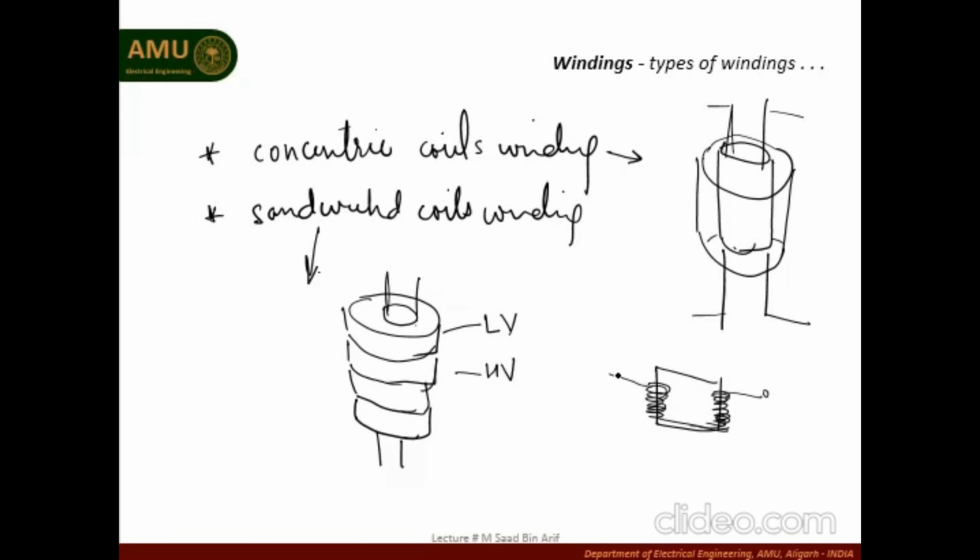So this is one end of the lower voltage winding, this is the other end of the lower voltage winding. Now in concentric fashion again we will wrap the higher voltage winding above this lower voltage winding, and half of the higher voltage winding we place over here. Again we connect both halves to make it a full winding. We have one terminal of the high voltage winding here, and another terminal of the high voltage winding.